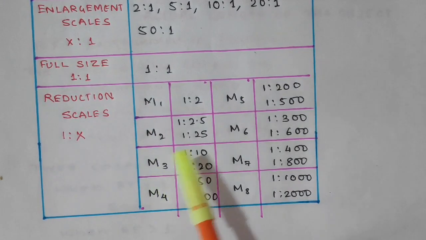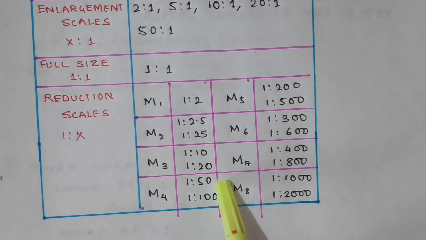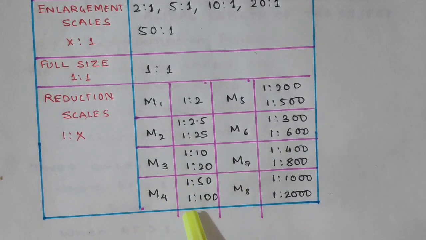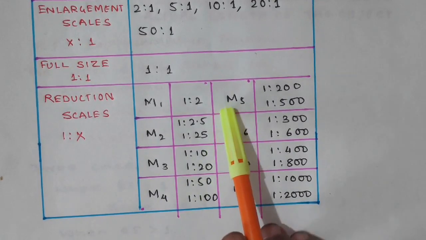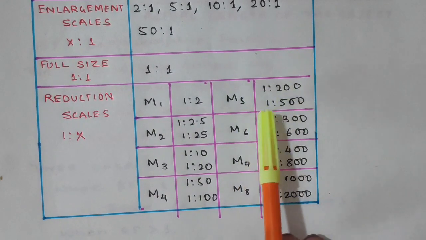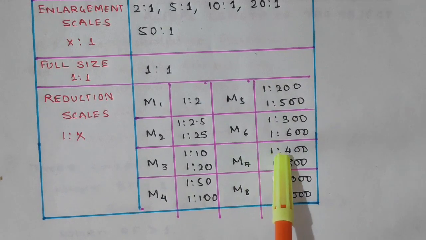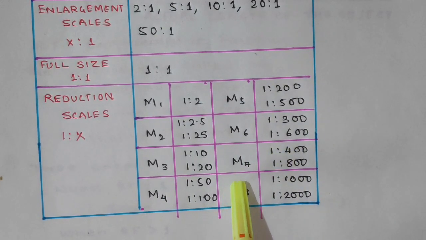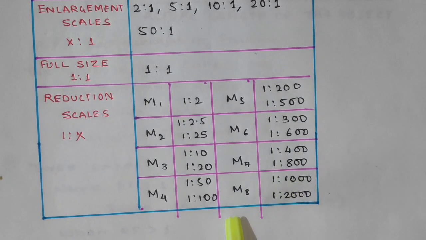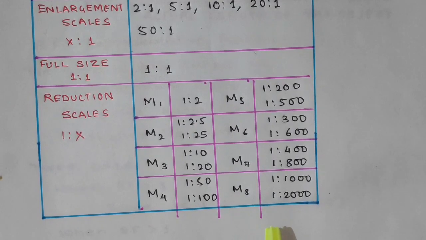For M3, it is 1:10 and 1:20. Similarly, for M4, it is 1:50 and 1:100. For M5, it is 1:200 and 1:500. For M6, it is 1:300 and 1:600. For M7, it is 1:400 and 1:800. For M8, it is 1:1000 and 1:2000.